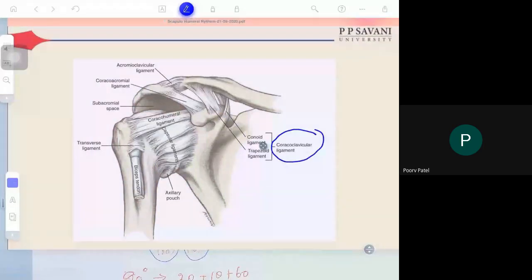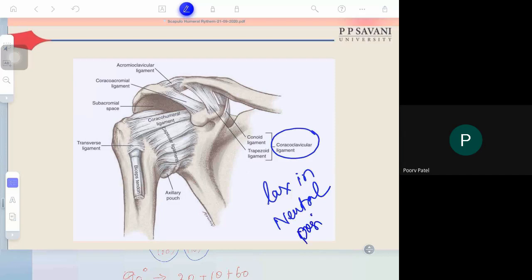This is the coracoid process, and this is the clavicle. We already discussed there are two parts of the ligament: the conoid part and the trapezoid part. Clear? So this ligament is lax in neutral position.